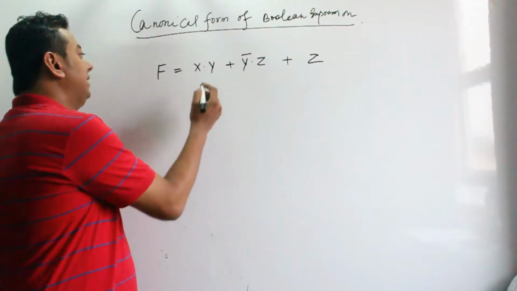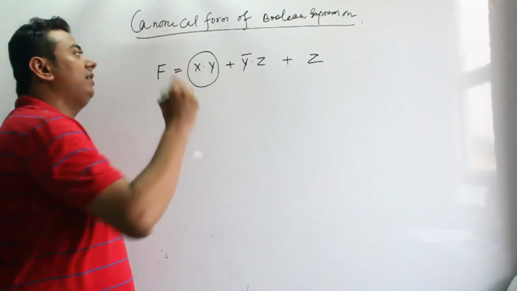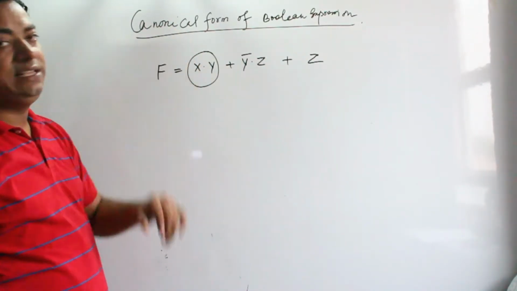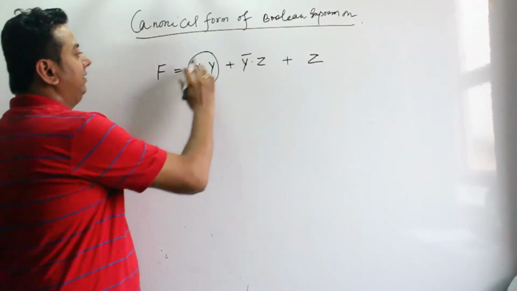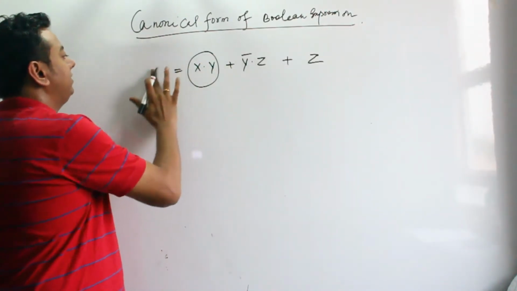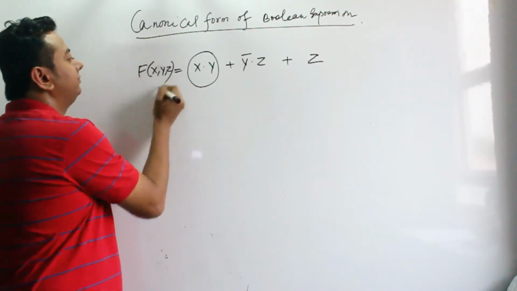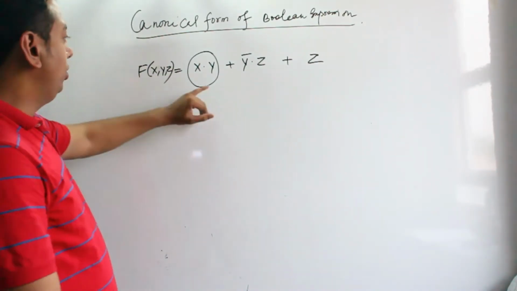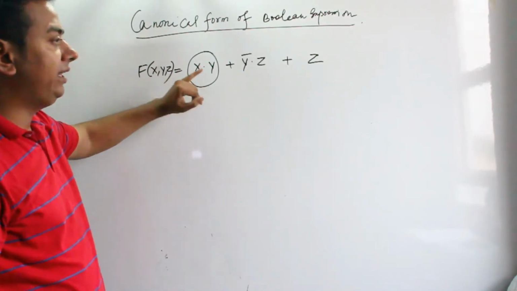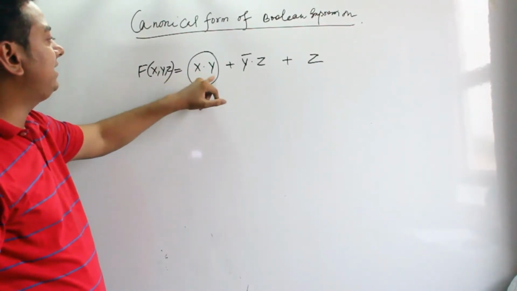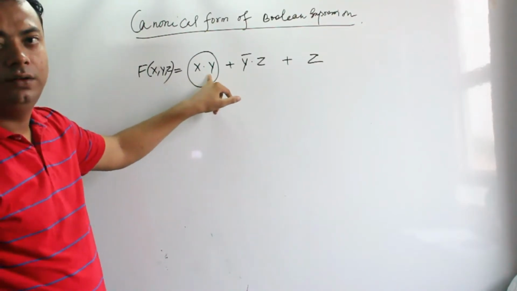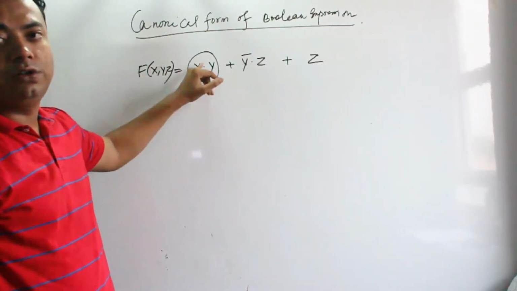What it means: suppose in this term only x and y are present, and this is a function of three Boolean variables. So in this implicant we have only x and y. z is not present here, so z should also be present.